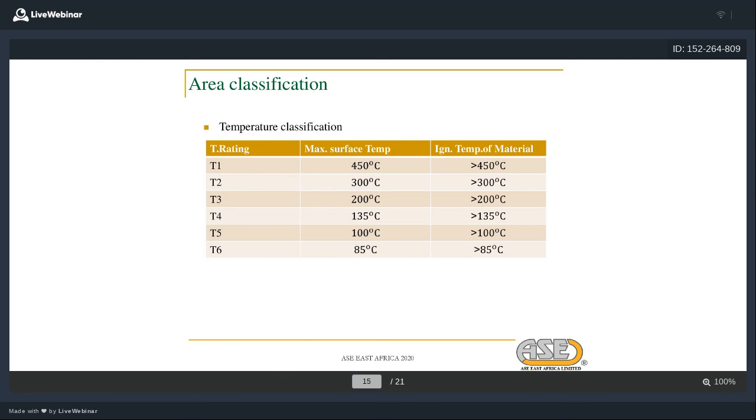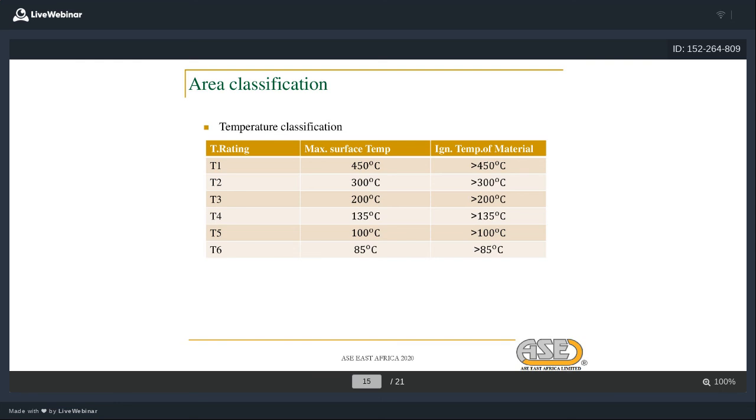If so, this device can be installed in temperature class 4, 3, 2, or 1, because T4 is higher than T5, same as T6.